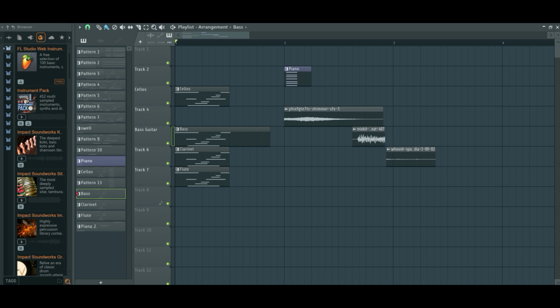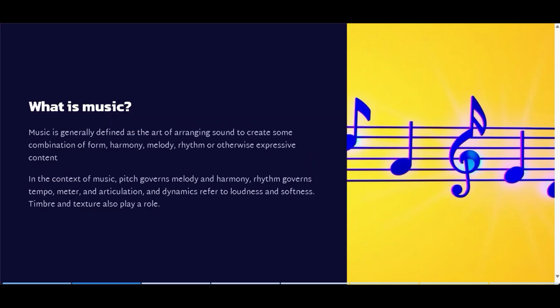This is a piano, and these can be arranged in a way you like. I arranged it in a way it sounds good, and I recorded it. Okay, so that's the basic definition of what music is.